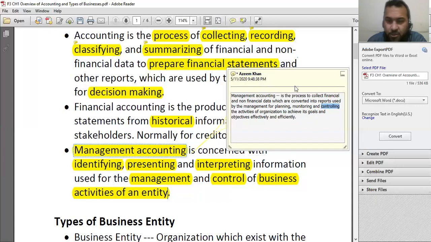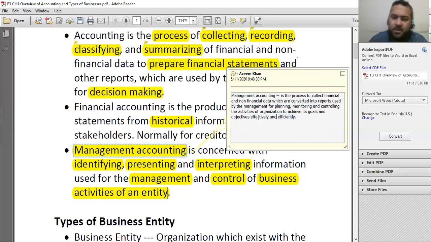And another thing, the purpose of the whole of management accounting is for these three things, so that management achieves the objectives of the organization effectively and efficiently.